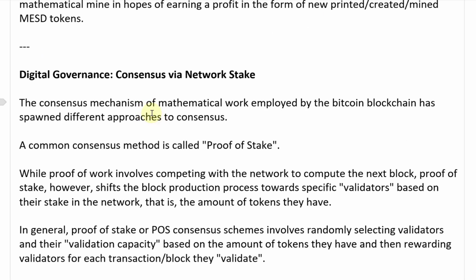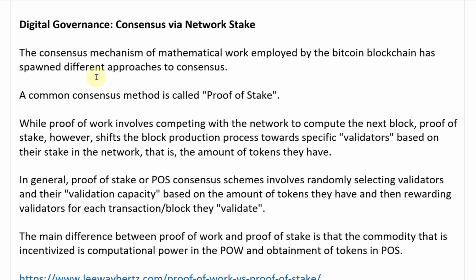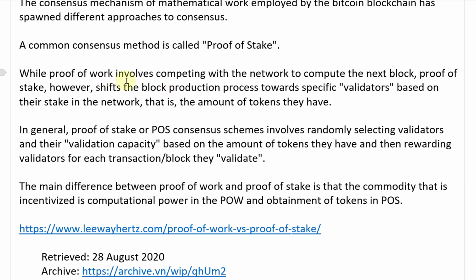So, digital governments: consensus via network stake. The consensus mechanism of mathematical work employed by the Bitcoin blockchain has spawned several different approaches to consensus. A common consensus method is called, quote, proof of stake. While proof of work involves competing with the network to compute the next block, proof of stake shifts the block production process towards specific, quote, validators based on their stake in the network, that is, the amount of tokens they have.